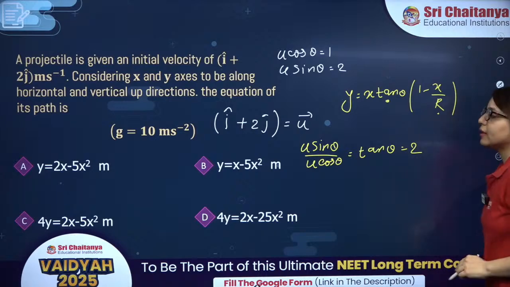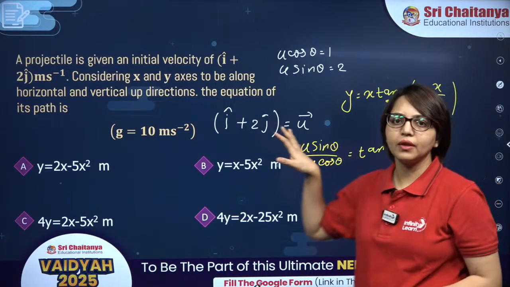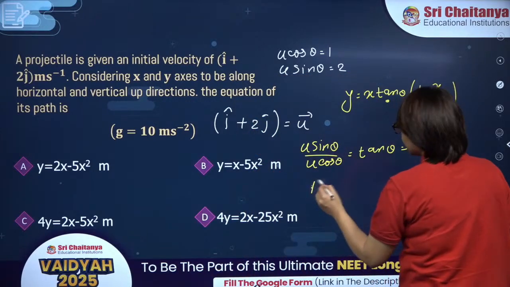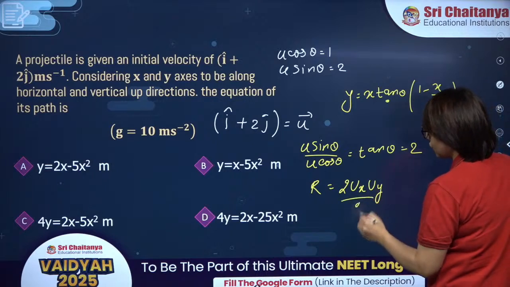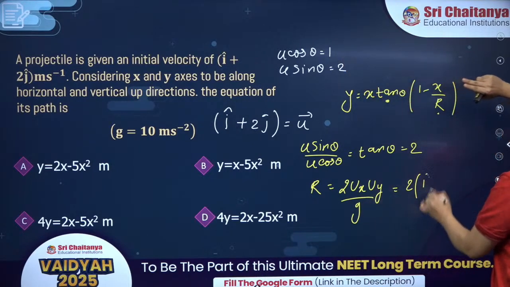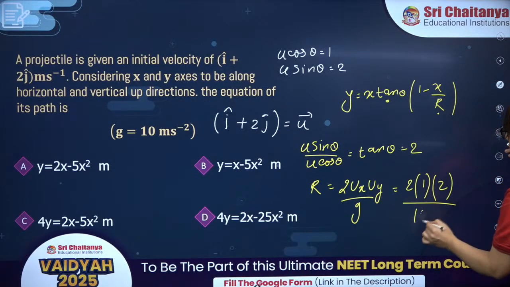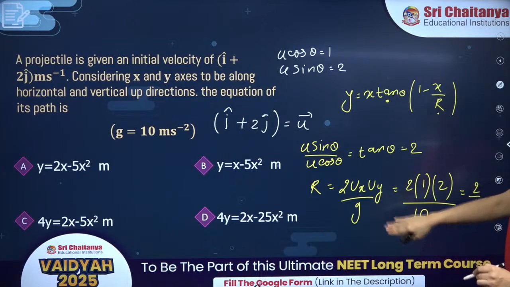Now you have to find range, right? This is the equation of trajectory in terms of range over here, right? So range in terms of ux and uy is very simple. It is 2 times ux uy divided by g. So it is 2 times ux is u cos theta, uy is u sin theta, divided by g is 10. So it is nothing but 2 by 5, right? That is equal to range 2 by 5.